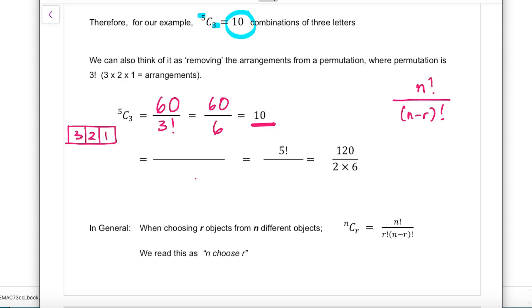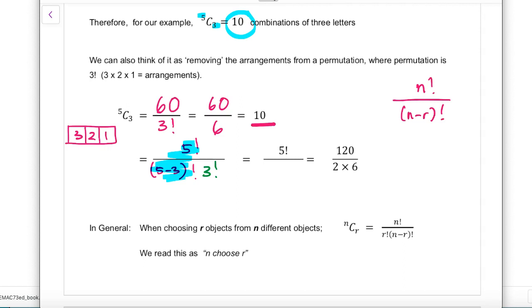If we look at this using that permutation rule, we know that when we've got 5 objects and we're going to choose 3 from those objects, this here is the permutation part. And then what we're going to do is take away or reverse the arranging of those 3 letters.